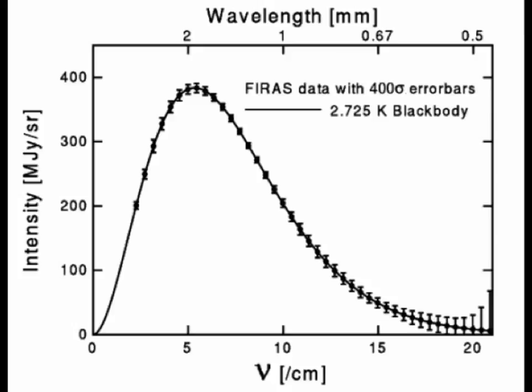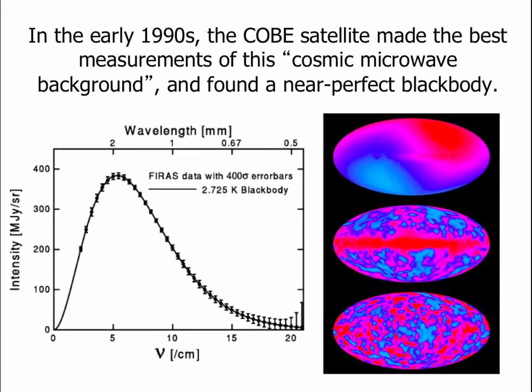And the line is not a fit to the data, but is a prediction for a black body with a temperature of 2.725 degrees Kelvin. And you see that the points fall right on the line. Data doesn't get any better than this. This is a perfect black body at just the right temperature. On the right, there are some different views of the background. We'll come back to these views in the third mini lecture.